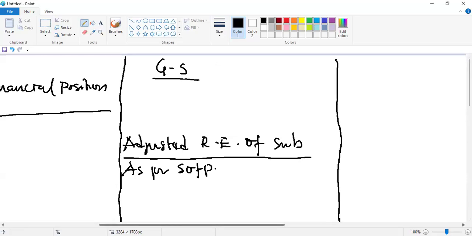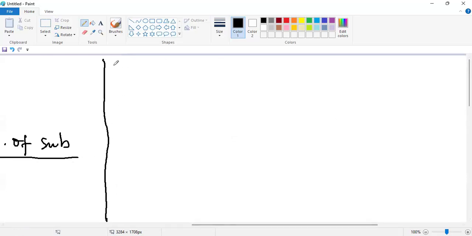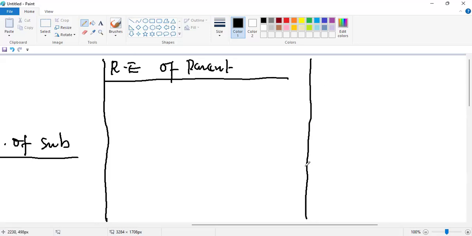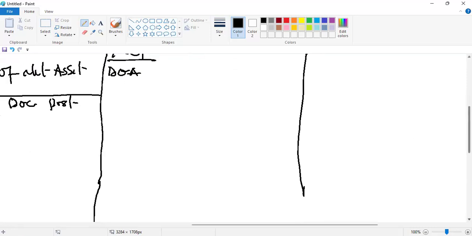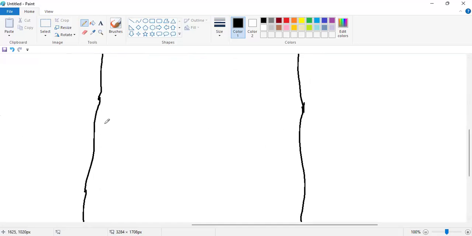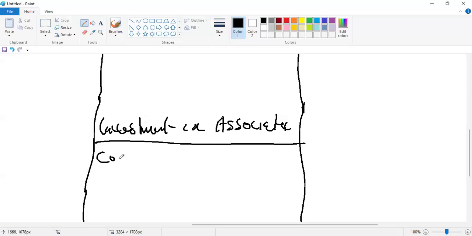TN of the parent, as per SOFP. NCI at date of acquisition. Investment in associates. That's all.